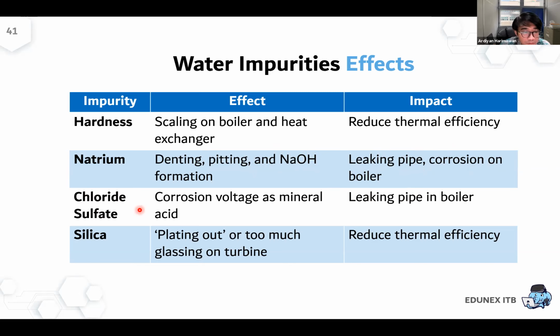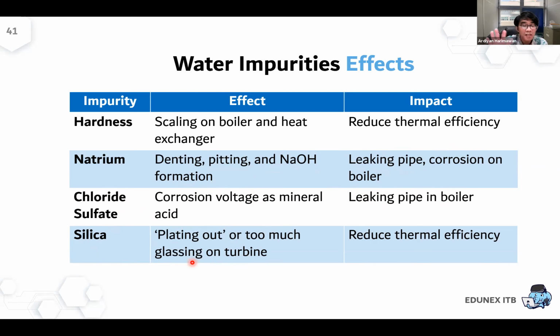How about the chloride and sulfate? They will create corrosion, and you will have leaking pipe in the boiler, for example. And silica, we have mentioned about silica. It can create what we call plating out or glazing.